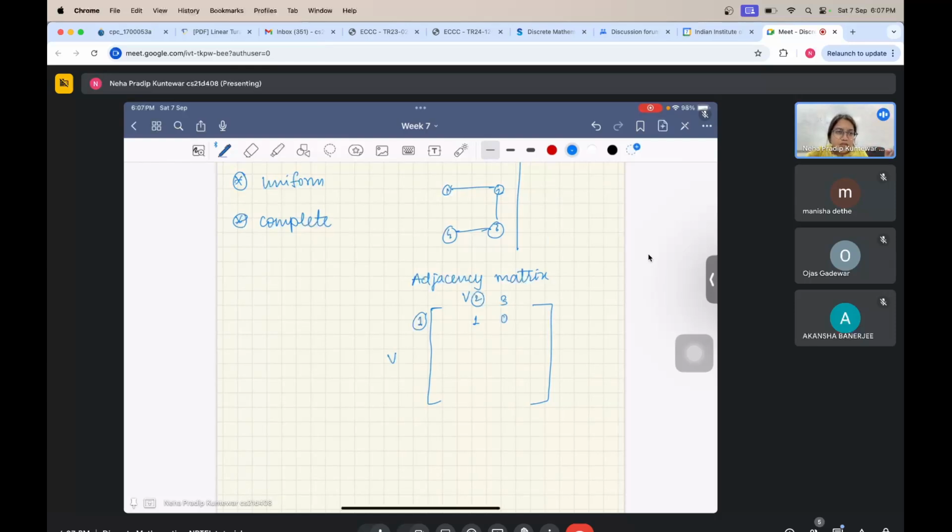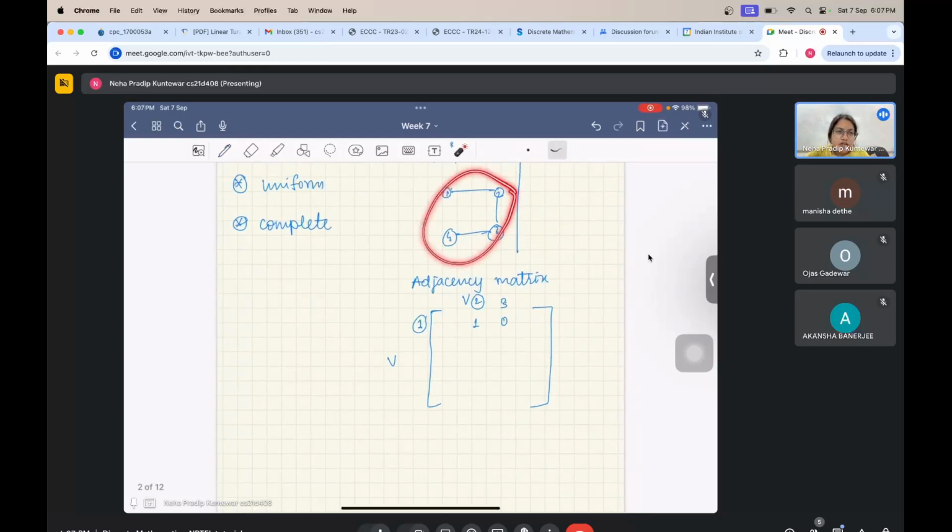So this is a Boolean matrix where you only have 0 1 values. That is right. So given a graphical representation, you can always define an adjacency matrix for it, and vice versa.